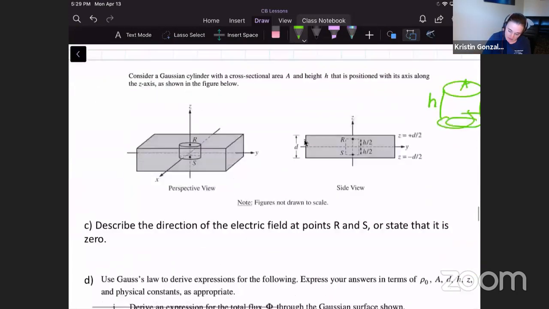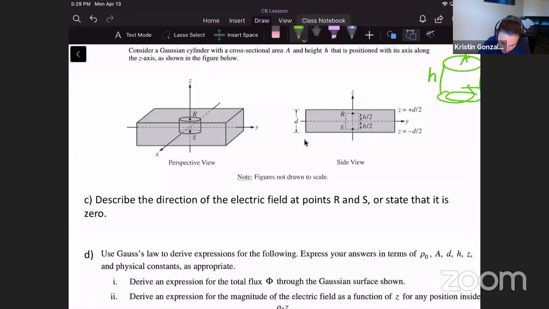So at point R, the electric field should be pointing away, or up. And at point S, it should also be pointing away, or down. So at point R, you could say up, or in the positive Z direction. And at S, you could say down, or negative Z direction.